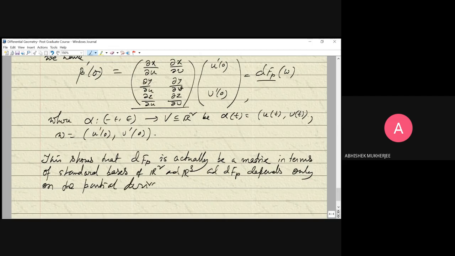The partial derivatives of F at P. The partial derivatives, sorry, of the components x, y, z of F at P, right?